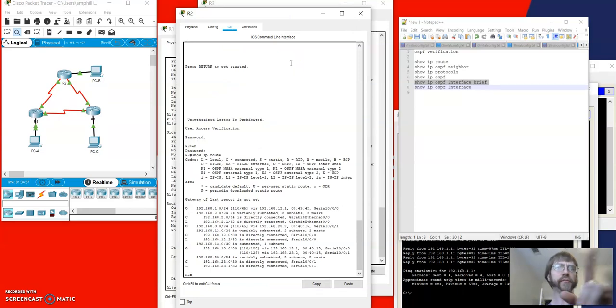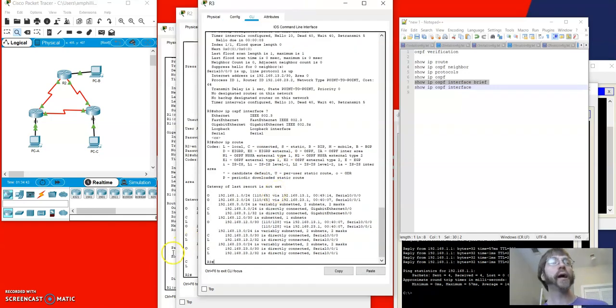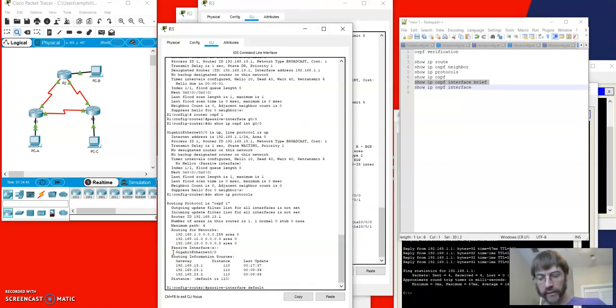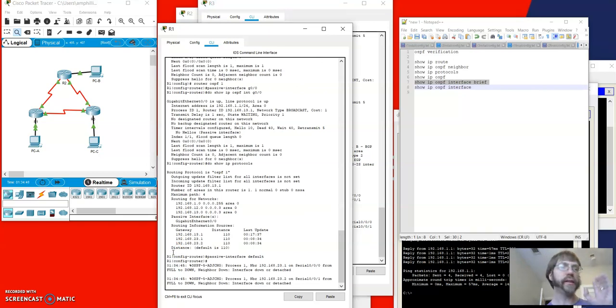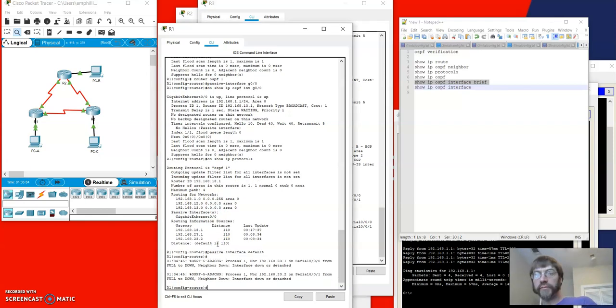Okay, so now I've confirmed that I can still see my 1.0 network on the other routers. I looked at their routing tables, and now I'm going to break everything. Passive interface default. That silences gig 0/0, serial 0/0/0 and serial 0/0/1 on router 1 here. So it breaks those neighbor adjacencies. That's not what I wanted to do. So let me look at the statuses of these networks.